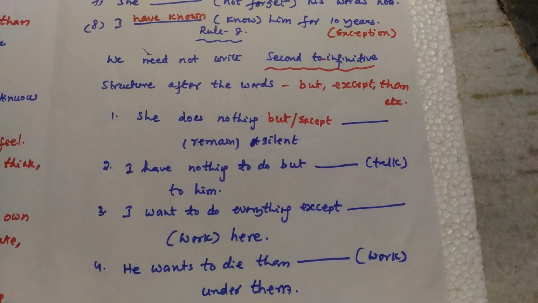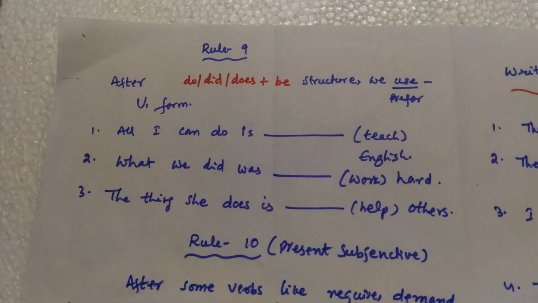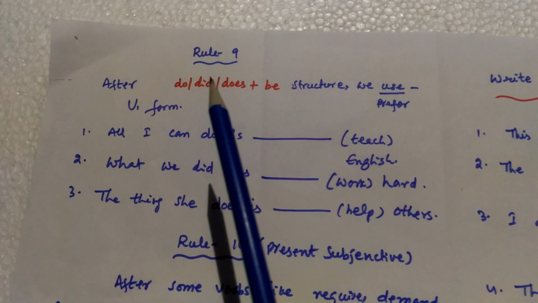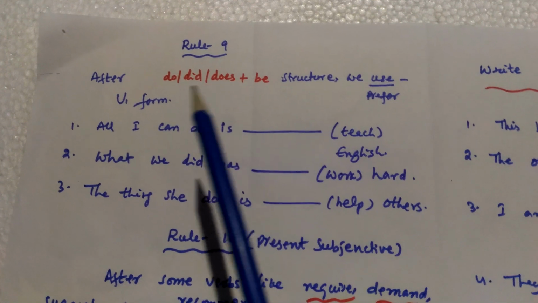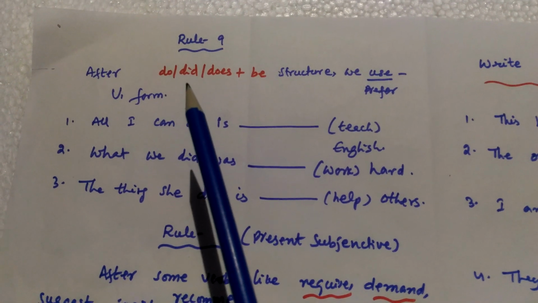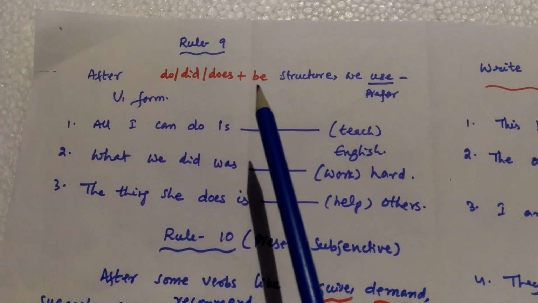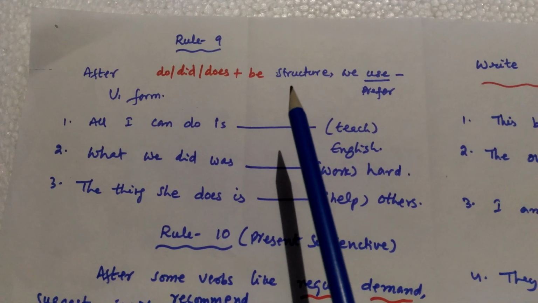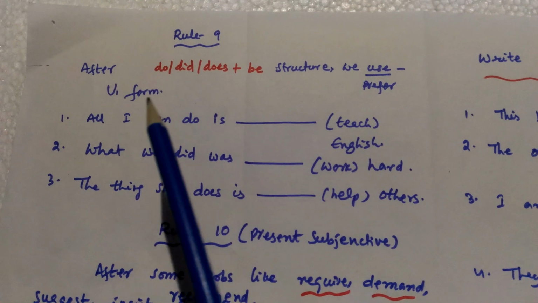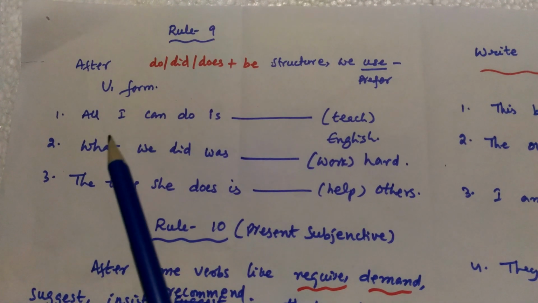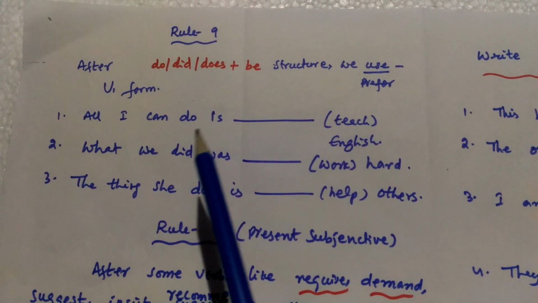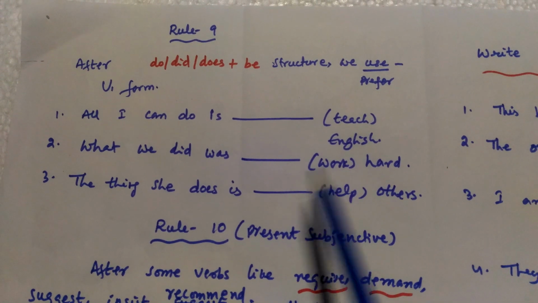Let us have another rule, rule number 9. After do, did, does plus be form, after be form structure, we use or prefer verb 1 form. Look at this one. All I can do is teach English.